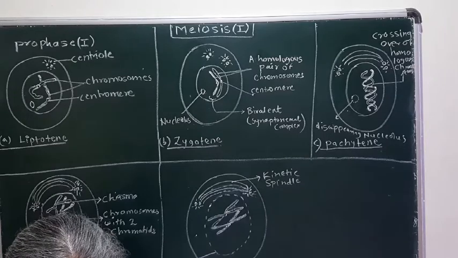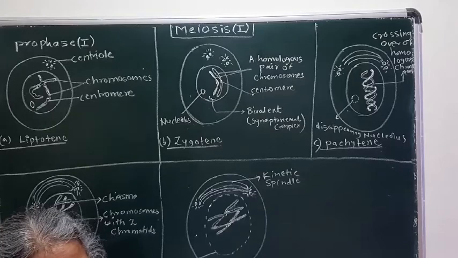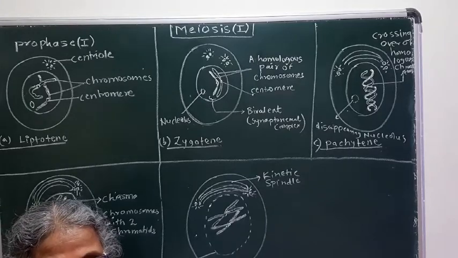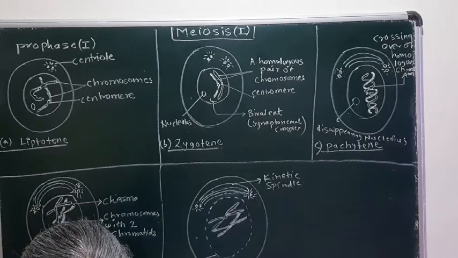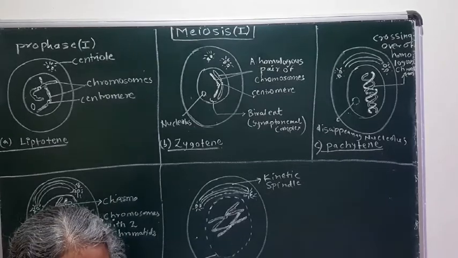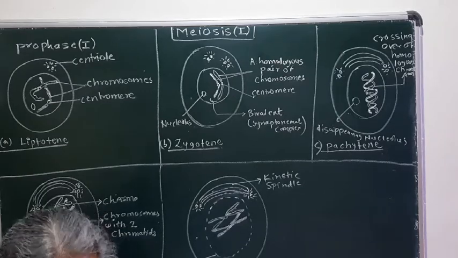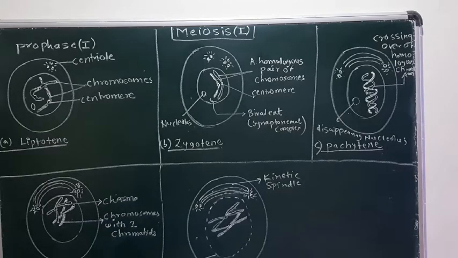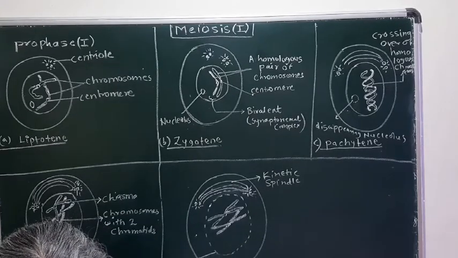Then what do you mean by homologous chromosomes? Just now I told you the homologous chromosomes are chromosomes which are genetically and morphologically similar. Of them, one is maternal, from the mother, and another is paternal, from the father, and they are present in diploid cells. They are known as homologous chromosomes.